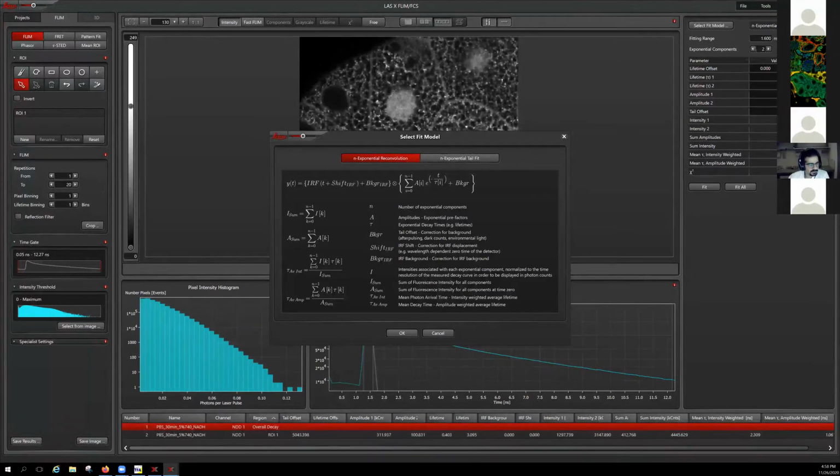And Sandra is asking, what happens to the fitted lifetime when cutting out a regime within the decay histogram? Can we make a comparison? That's a very good question. I'm not sure really what happened. What I guess is that they interpolate this missed part that we are just going to delete.